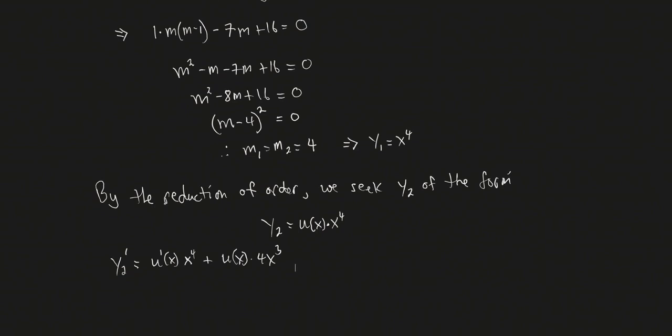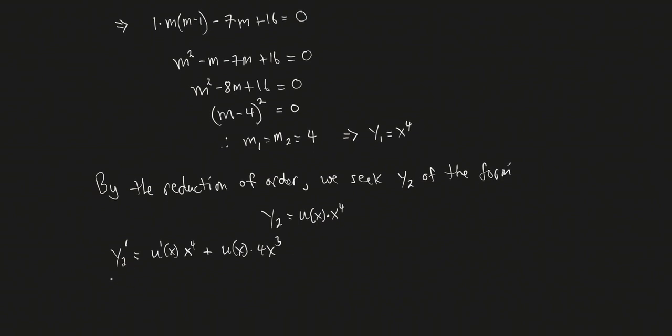So let's get the second derivative now, y double prime. If you love the product rule, the good news is we get to use the product rule twice. Applying it to this product, it's now going to be u double prime of x times x to the fourth plus u prime of x times 4x cubed, plus, now moving to the second term, again we need to do our product rule.